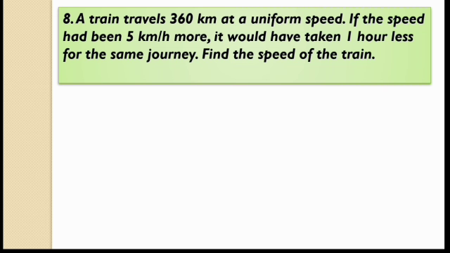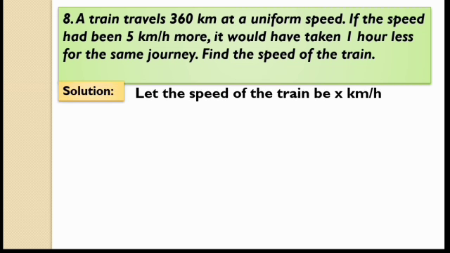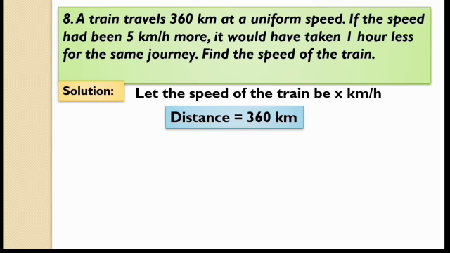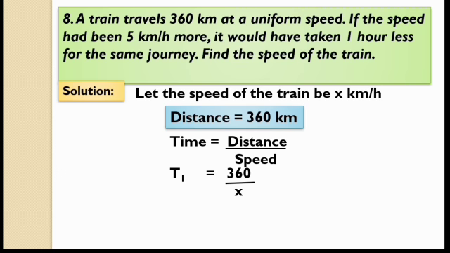So we will start our solution from here. Let the speed of the train be x km per hour, and the distance is given here as 360 km. As we know, time equals distance upon speed. So here, let's substitute, t1 equals 360 upon x.